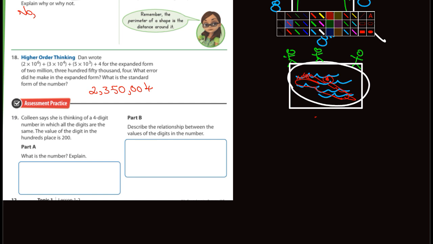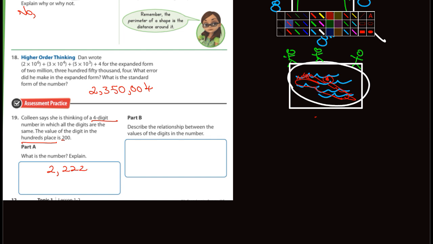Let's see. Colleen says that she's thinking of a 4-digit number in which all the digits are the same. The value of the digit in the hundreds place is 200. What number is it? Well, if all the digits are the same and the value of the digit in the hundreds place is 200, what are all the digits going to be? And it's a 4-digit number. 2, 2, 2, 2.